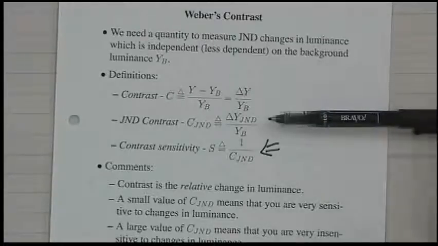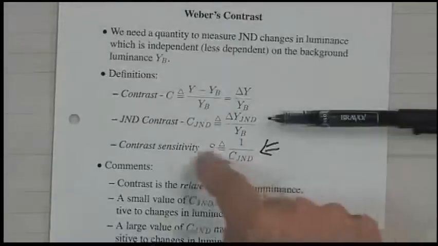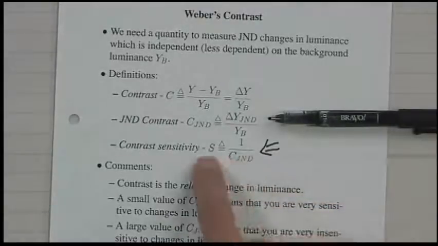So you might be able to pick up a 1% variation in something, or a 0.1% variation. If you're insensitive, maybe you will not be able to pick up a 10% or a 30% variation. So the larger the value of the just noticeable difference in contrast, the less sensitive you are. They have an inverse relationship. That's why this is called sensitivity.